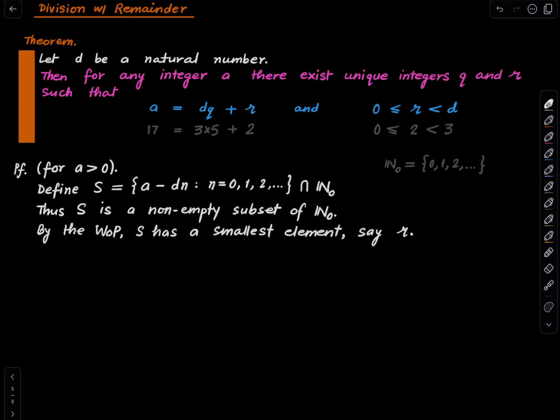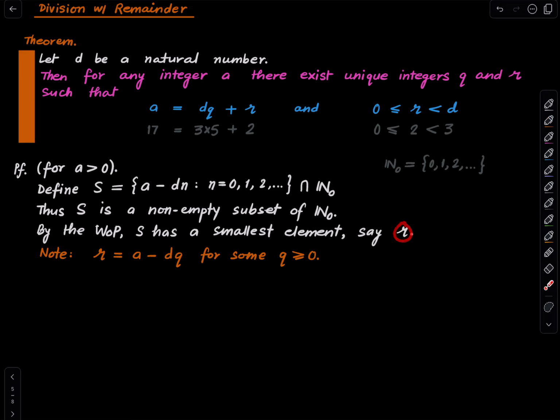So it is clear, note that r is equal to a minus dq for some q. Why?